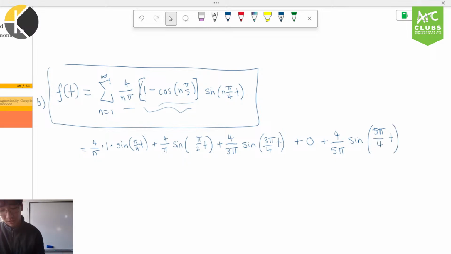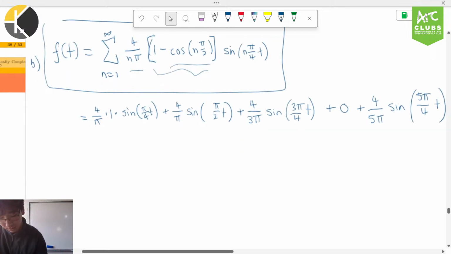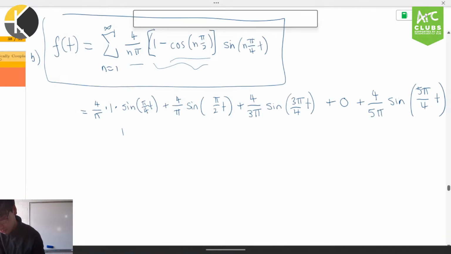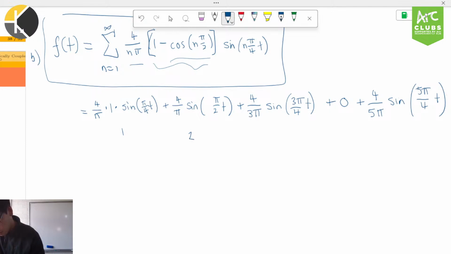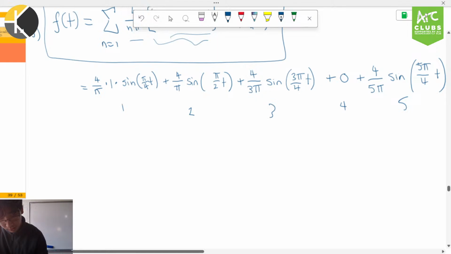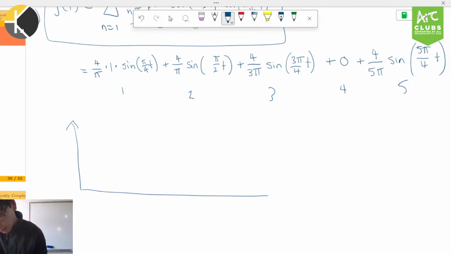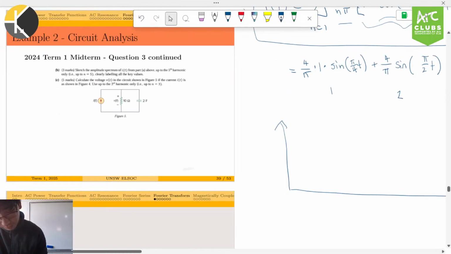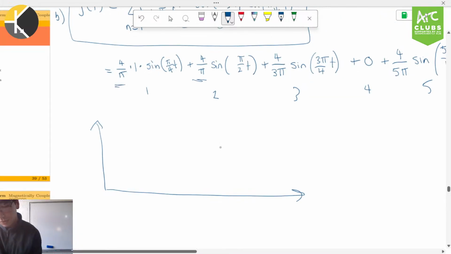Cool. So we have this expression here. So that is n equals 1, 2, 3, 4, and 5. Plotting that. So the amplitude spectrum, we're just going to take the magnitudes of each of these harmonics at each of their frequencies.